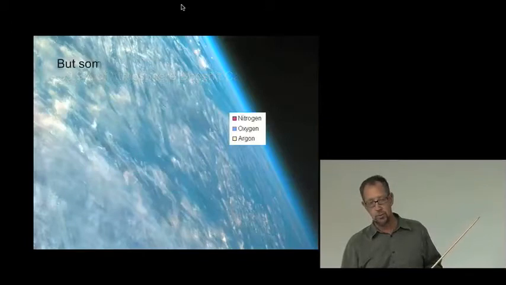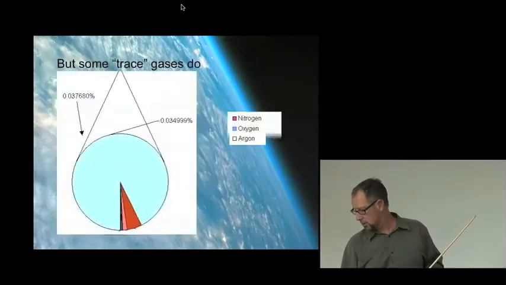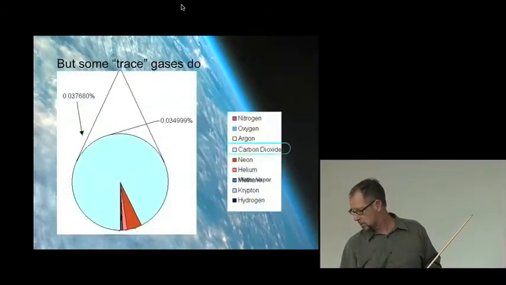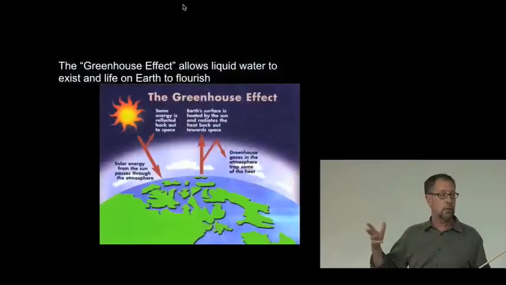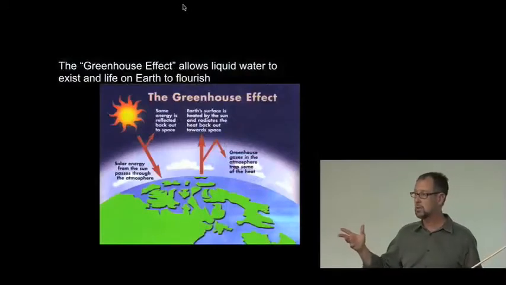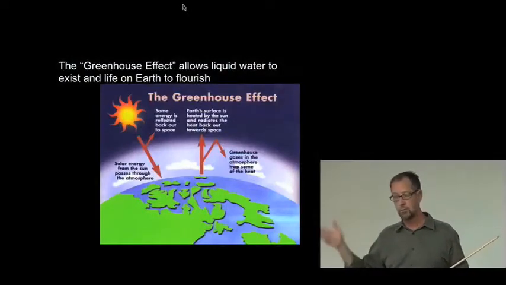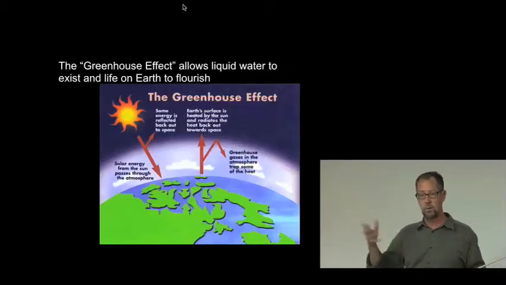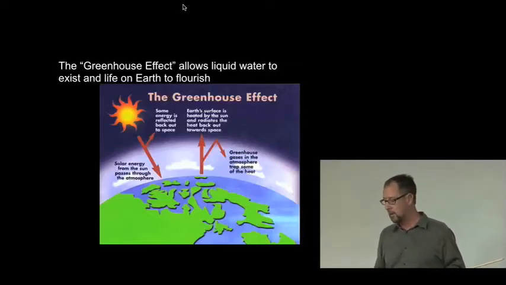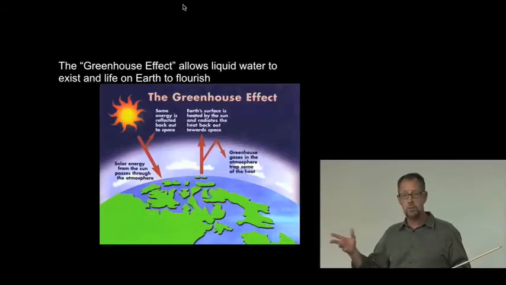But some of these so-called trace gases do. In particular, he looked at carbon dioxide and water vapor, but methane is another important one, and we now know that there's some gases that didn't even exist during his day, man-made gases, refrigerants in particular, that absorb that infrared heat. Without the greenhouse effect, liquid water just wouldn't exist.